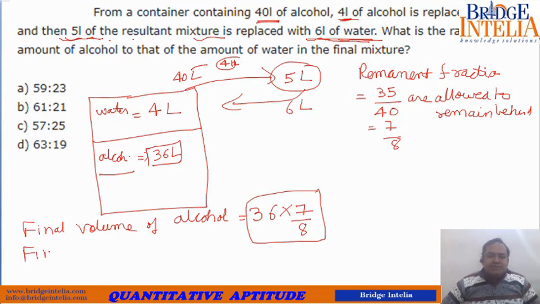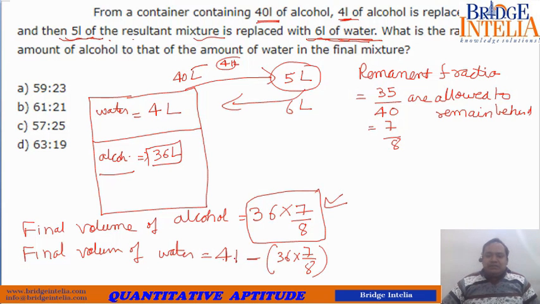So volume will change from 40 to 41. Out of 41, this much is alcohol. The remaining is water, and we have to find the ratio of alcohol to water.